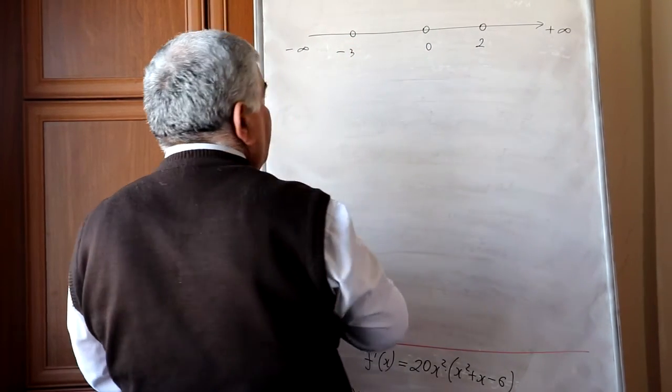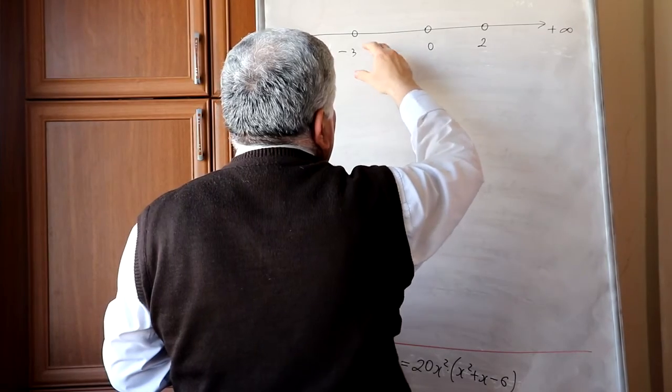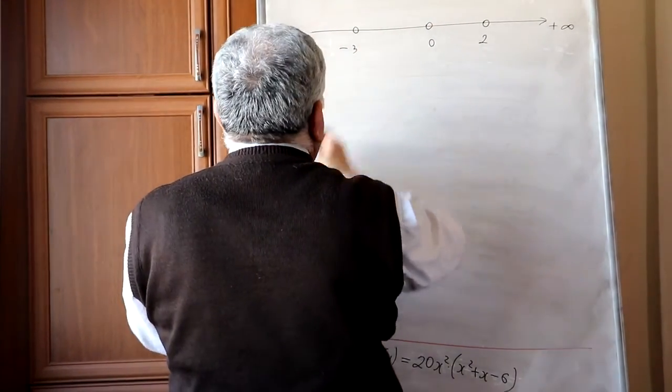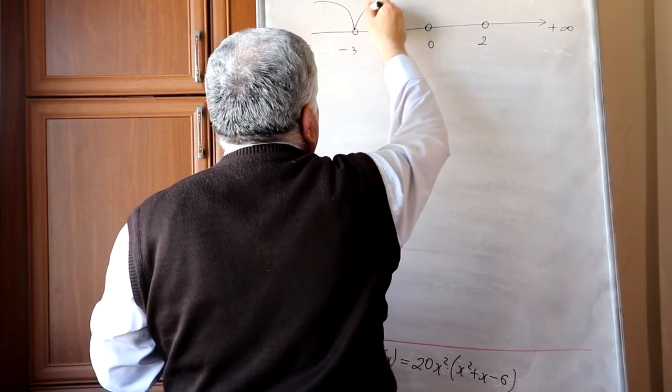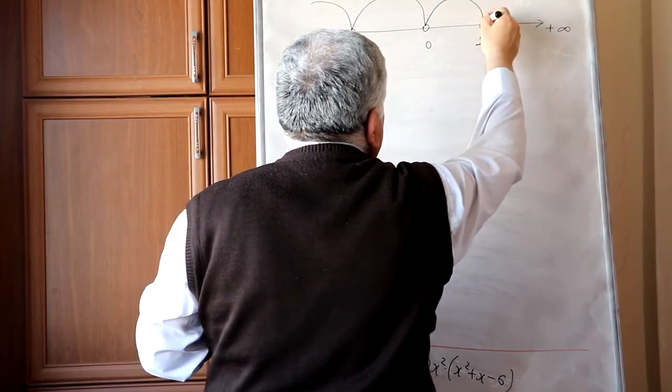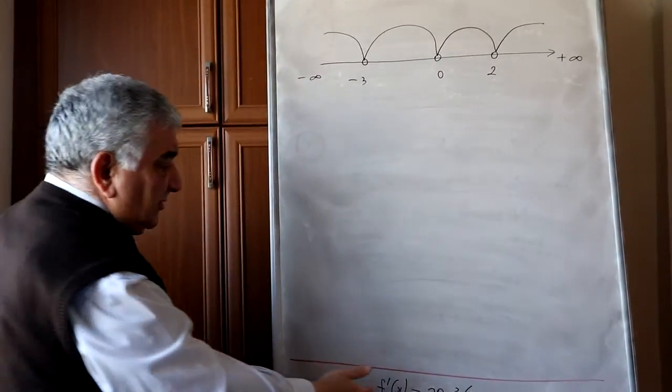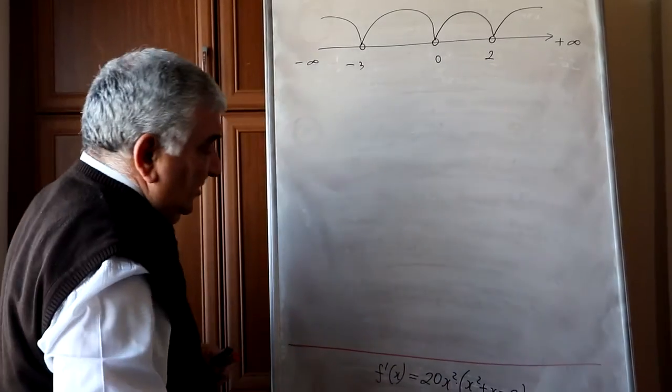Then separate the real axis into the intervals by these critical points. Further, define the sign of the derivative in each interval.